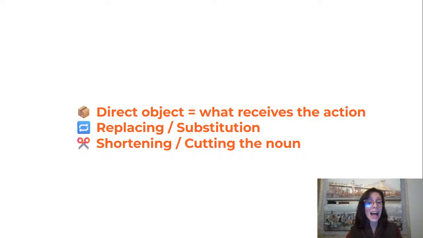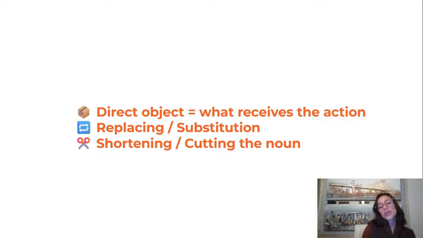It is not "la" anymore because it is not "hermana," it's "hermanas." So "yo las veo," I see them. It replaces the thing that was mentioned, as a noun or a proper name. And of course, it shortens the sentence.